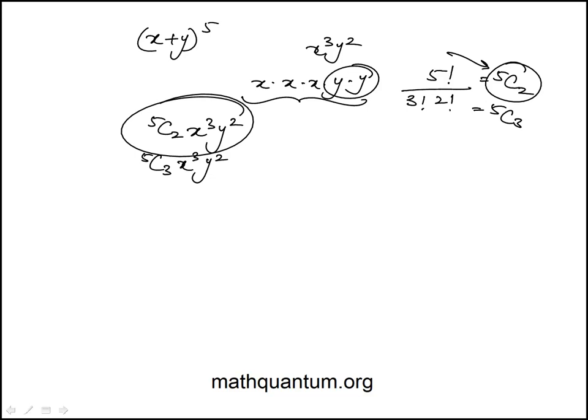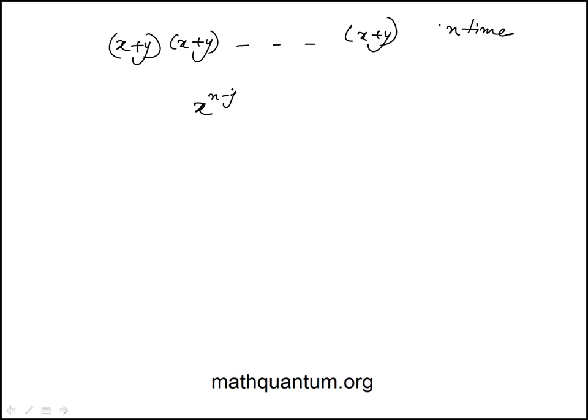So now we can extend this to the more general case, that is, if instead of 5, it's n. So we're going to multiply this binomial n times. And here, we want to look at a particular case which has j y's and the remaining are x's.